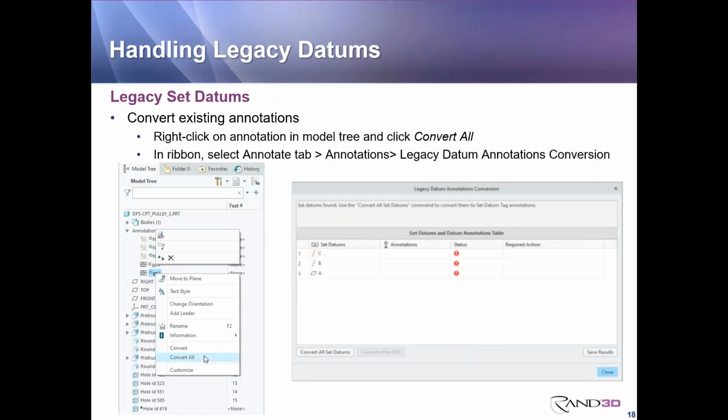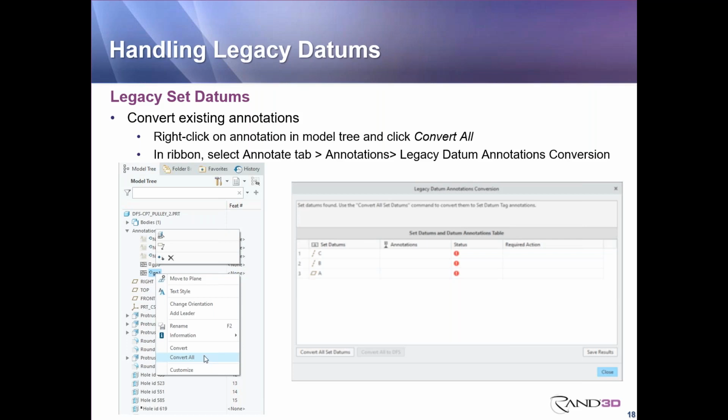And this image that you see on the left-hand side shows a model tree from Creo Parametric 7.0. If you have an annotation like the geometric tolerance you see highlighted there in the image, you could press and hold down your right mouse button, and then from the contextual menu that pops up, you can see convert and convert all, and you have the ability to select convert all in order to convert or attempt to convert your existing annotations.